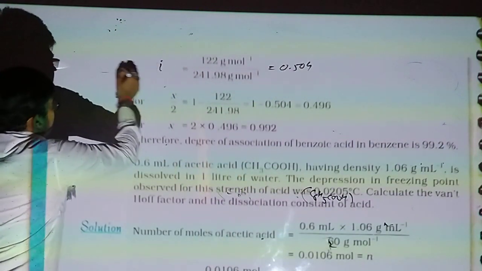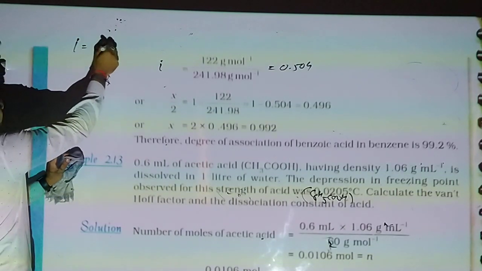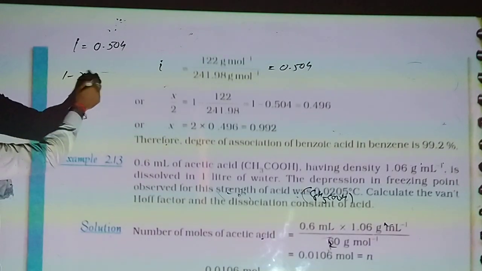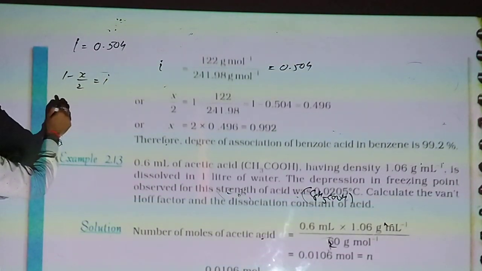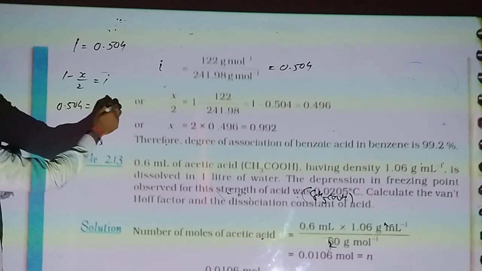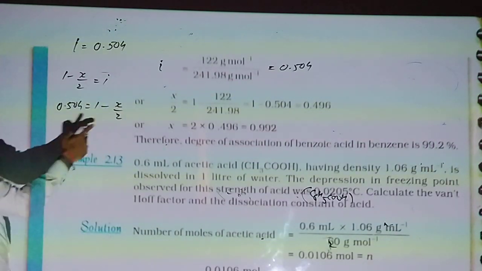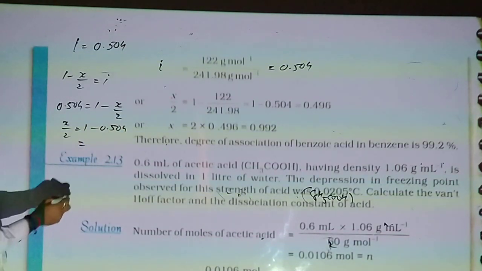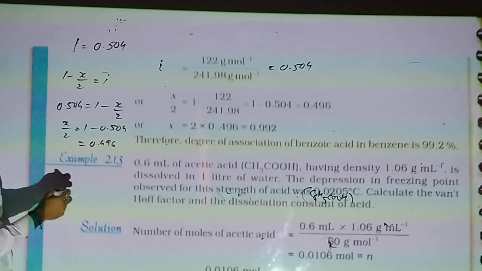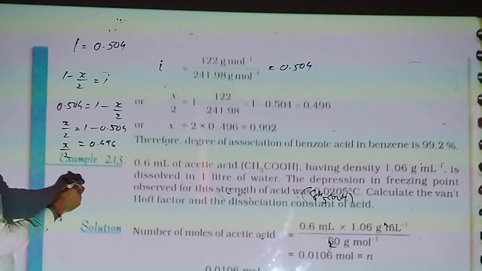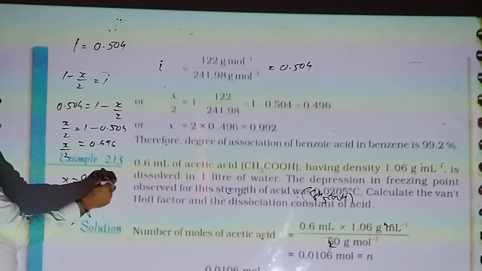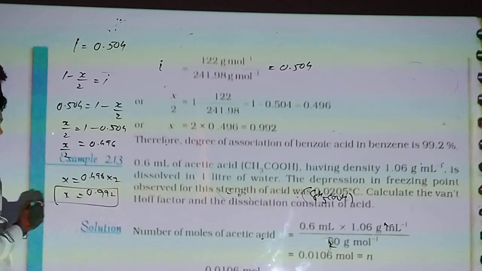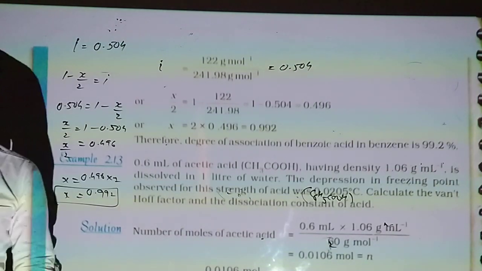So the derived van't Hoff factor here is 0.504. And we know 1 minus X by 2 is equal to i. So 0.504 is equal to 1 minus X by 2. So X by 2 is equal to 1 minus 0.504, so 0.496. So X will be 0.496 multiplied by 2, so 0.992. This is the degree of association.